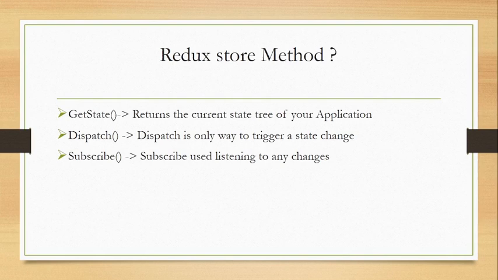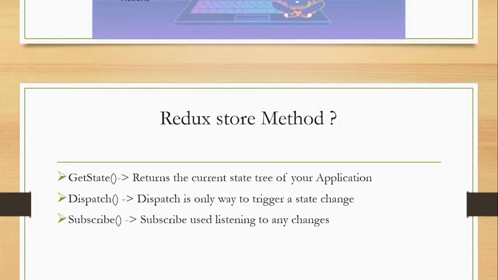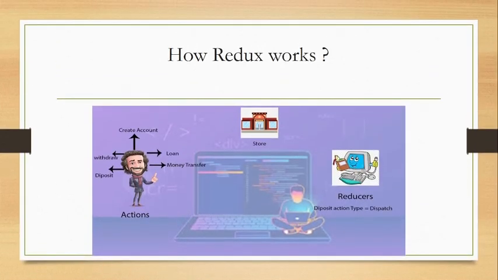Next topic is Redux store methods. Redux store methods are also divided into three parts: getState, dispatch, and subscribe. First, getState returns the current state tree of your application. Previously I showed you that in the banking application there are lots of steps like create account, loan, money transfer.